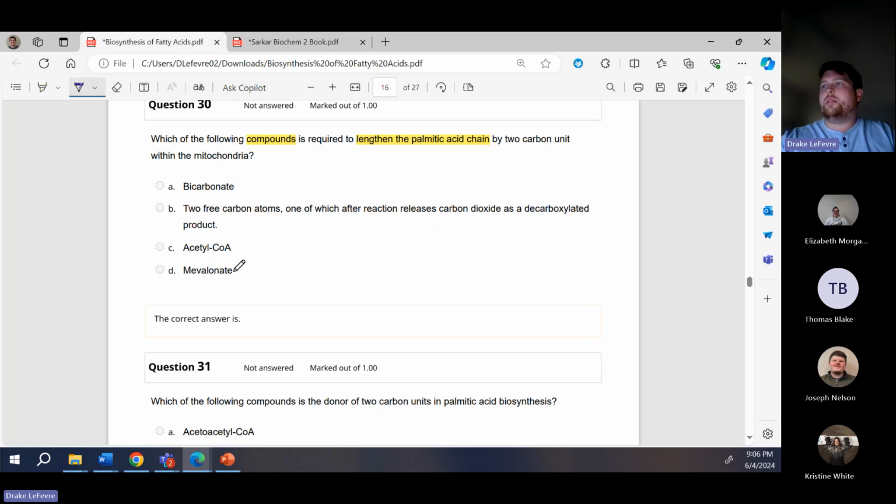Mevalonate, nope, that has 3 carbons, so it can't be that one. We never have free carbons. The bicarbonate is not going to be it. Our age-old guess, acetyl-CoA or malonyl-CoA, still holds true.